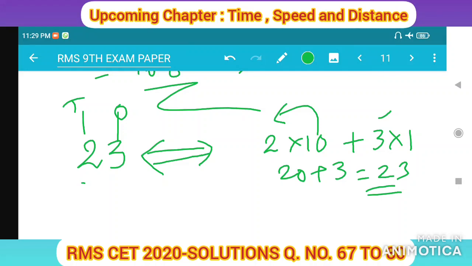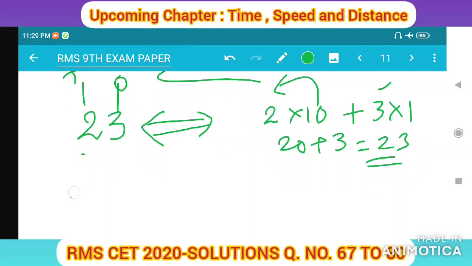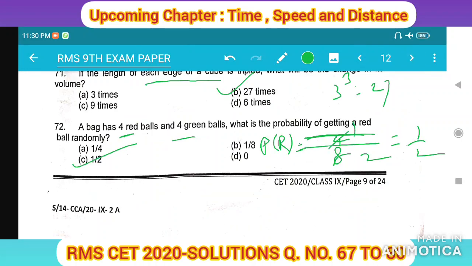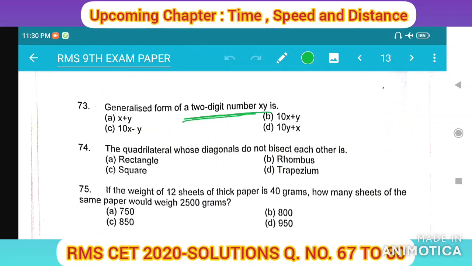Understood? Likewise, the question is given as xy. Xy means 10 into x plus y. Very simple. This is the general formula for 2 digits. 10x plus y. This is the answer.